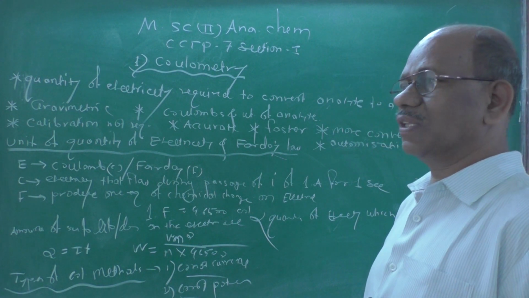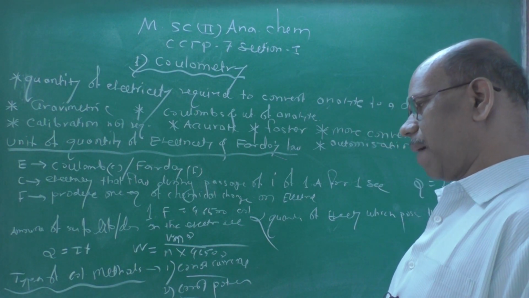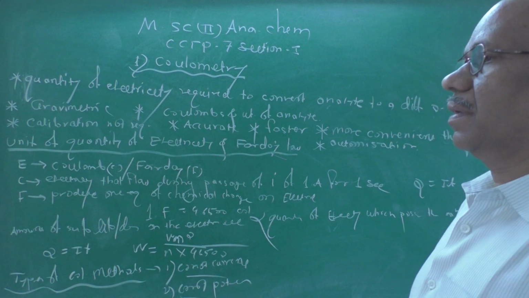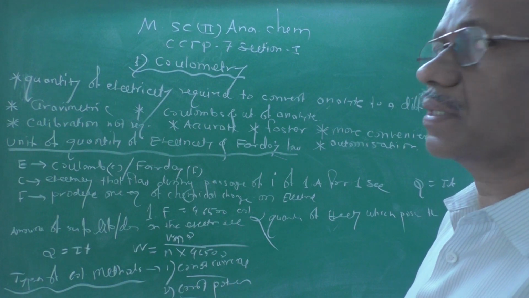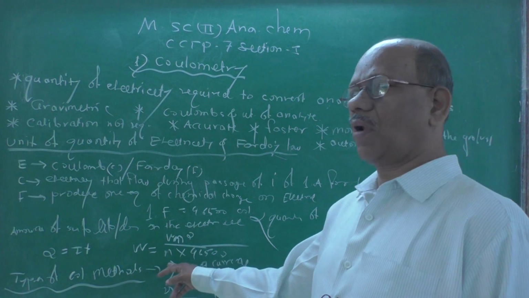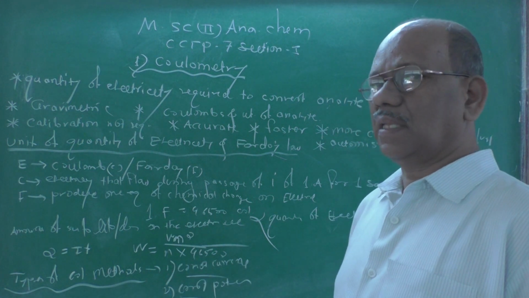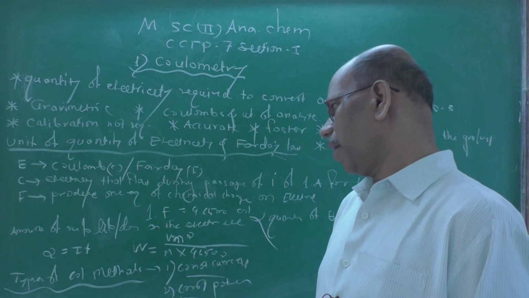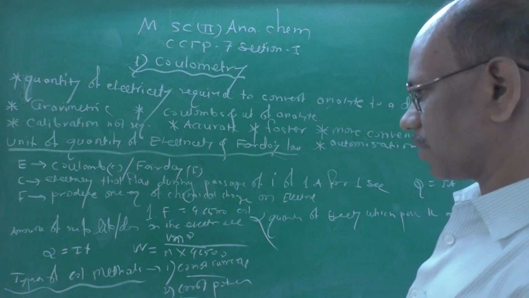Q is nothing but the quantity of electricity passed. Q is equal to IT, where I is current in ampere and T is time again in second. Then N is the number of electrons involved in the reaction, and 96,500 is the constant term.